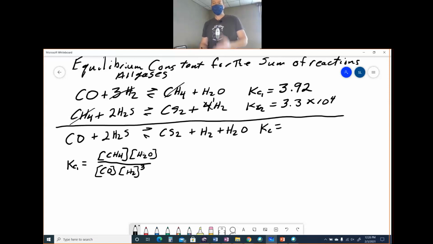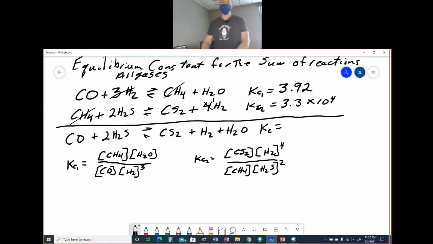All right, and then we have a value for that. It's 3.92. I just wanted the expression. All right, so the expression for Kc2 is the concentration of products, CS2, concentration of H2 raised to the fourth, divided by the concentration of CH4 and the concentration of H2S raised to the second power.